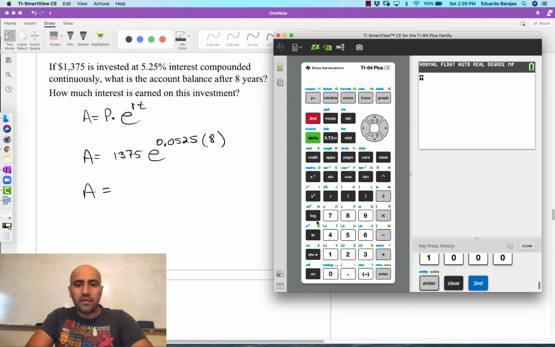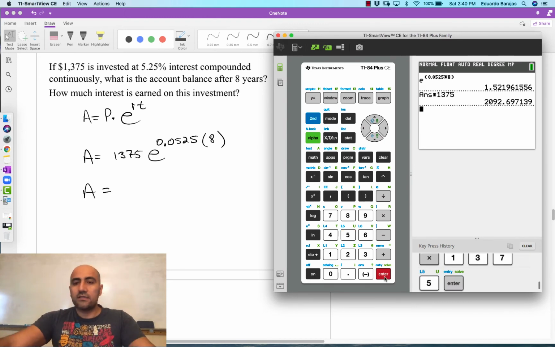So it's going to be second, e to the power of, and then in parentheses I'm going to put 0.0525 times 8, close parentheses, enter. And I get that decimal, and I'm going to multiply that by 1375. So I get 2092.70.